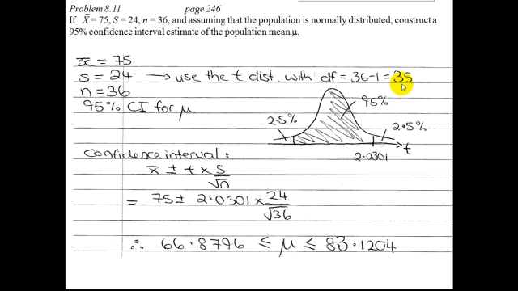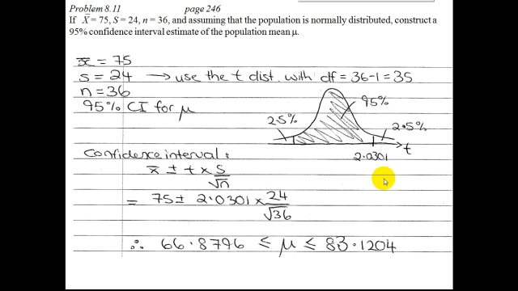You need to look up degrees of freedom equal to 35, and that will be the row that you use from within the tables. Now if you read across that row to the column for 2.5% in the upper tail, that's when we get the cutoff value, or the critical value, of 2.0301.